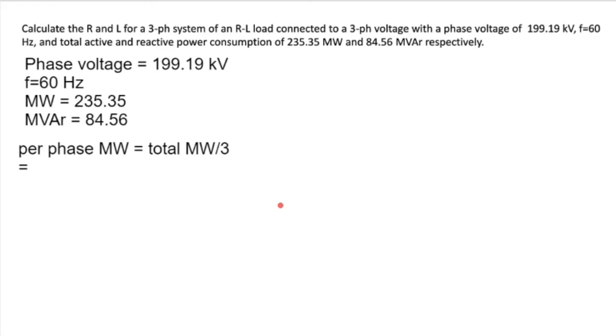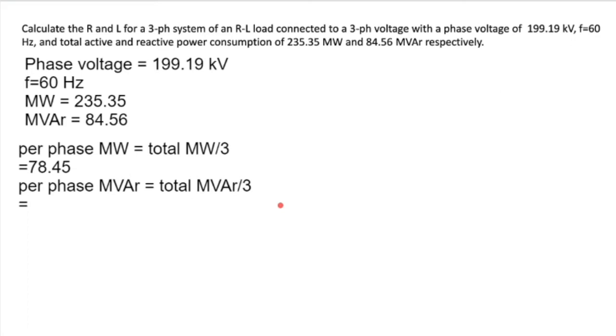$74.85. That's perfect. So 78.45, and then we can calculate per phase megavar. It's again total megavar over 3, just again the same.